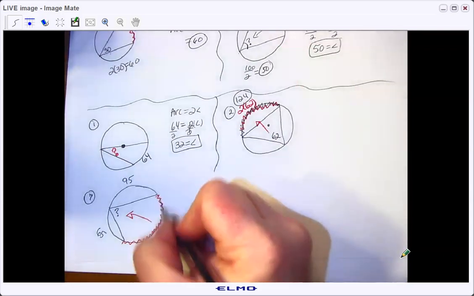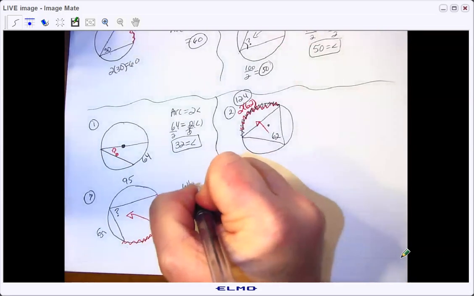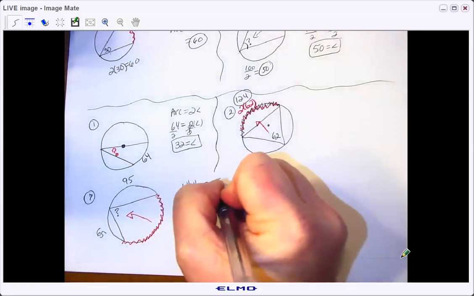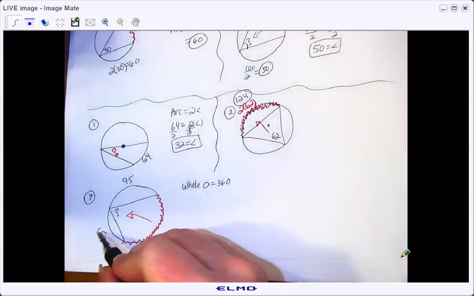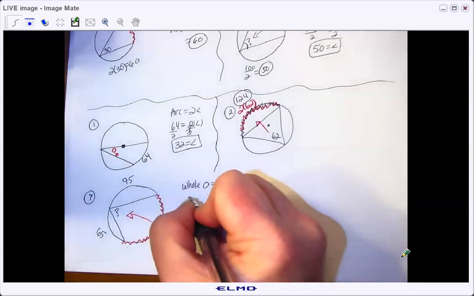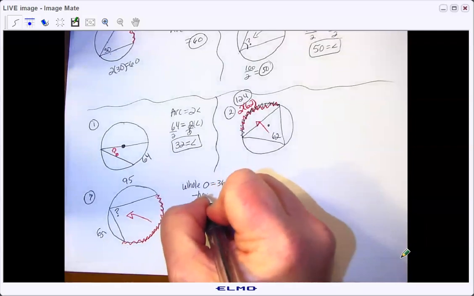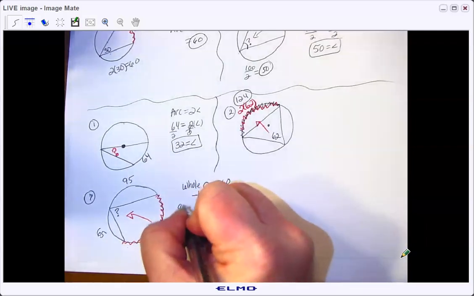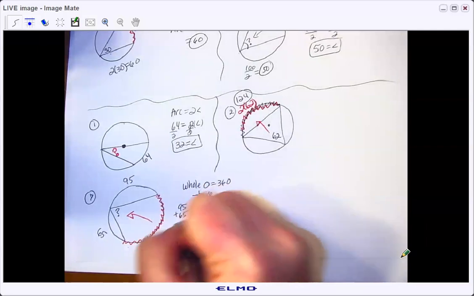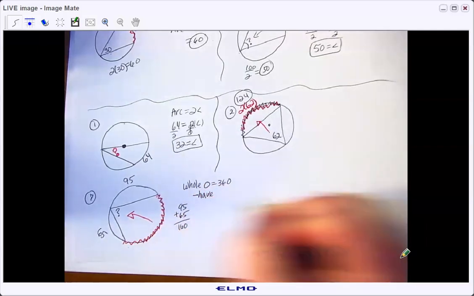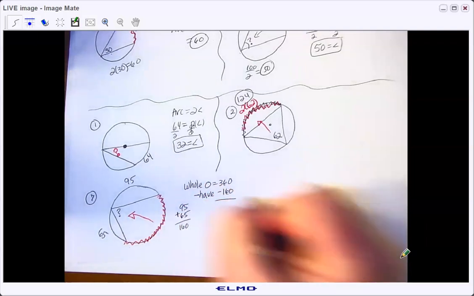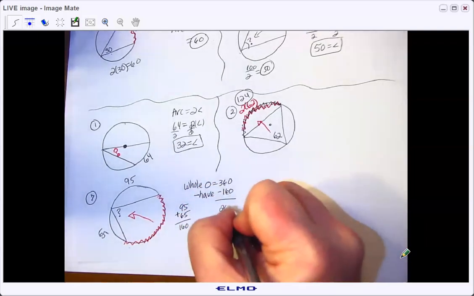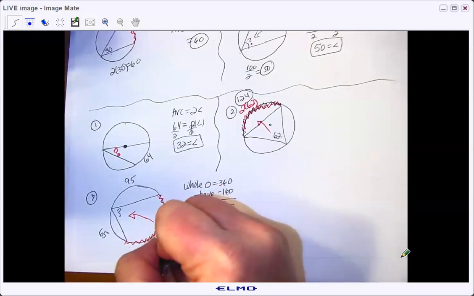Okay, so if I want to find this, I know that my whole circle is 360. I can take away whatever I have. What I have is 95 plus 65 for 160. So what I have is 160, which makes that arc 200.